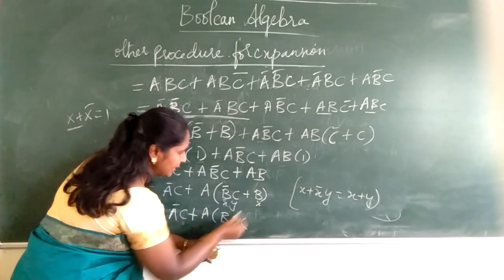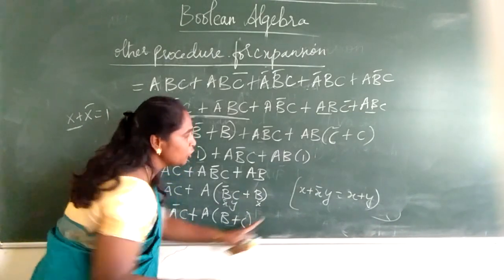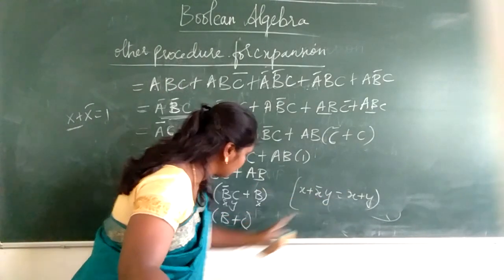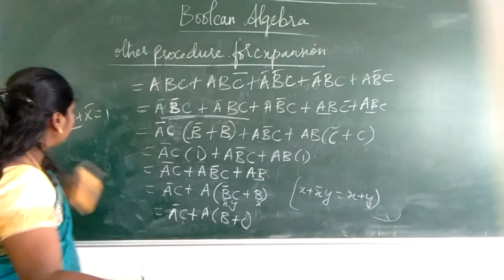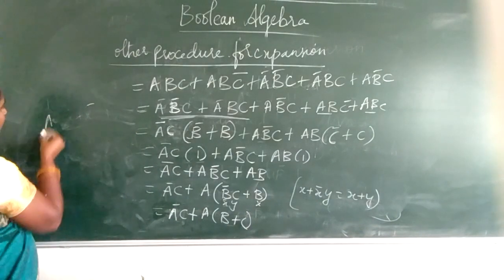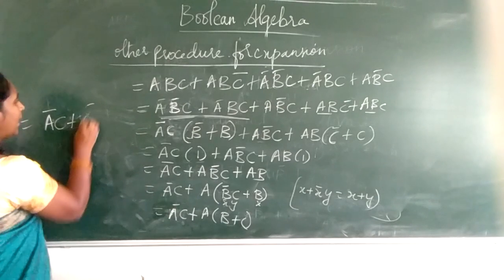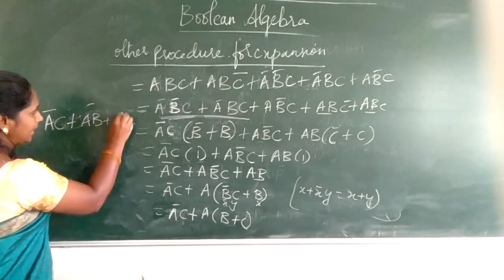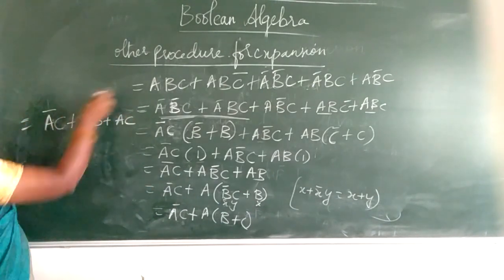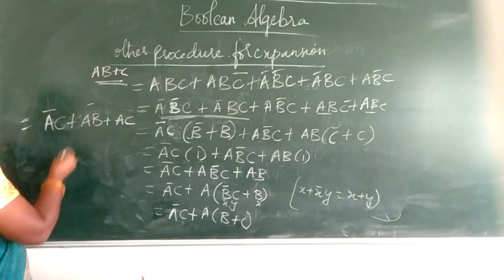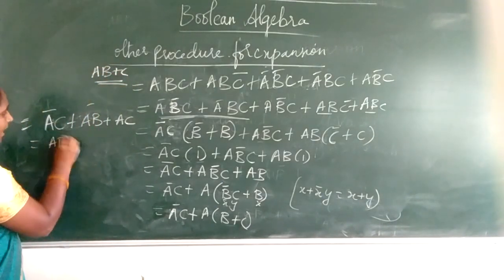What's my B? X here it is B. C is nothing but according to your absorption law or distributive third law, you are going to use this particular rule. Now you got the expression A bar C plus you just multiply, AB plus AC. So you have to get the solution AB plus C. So here you write this AB as it is.